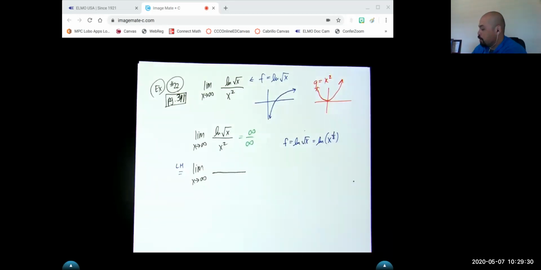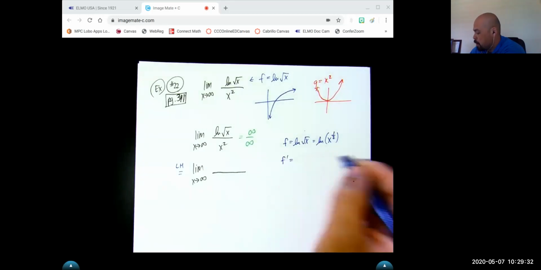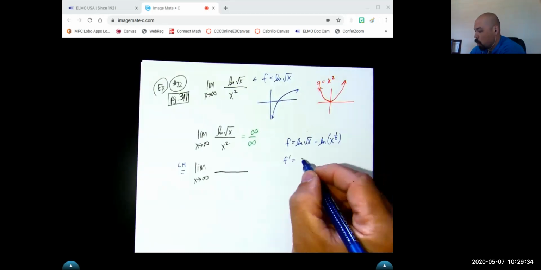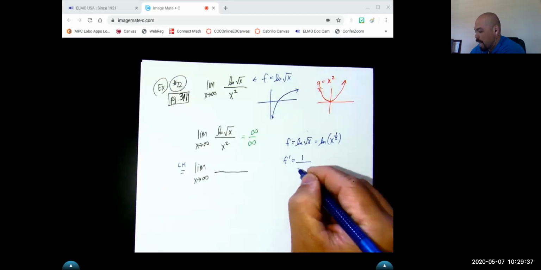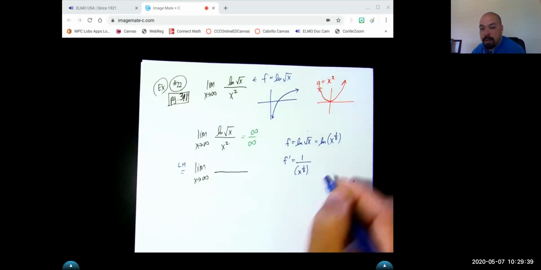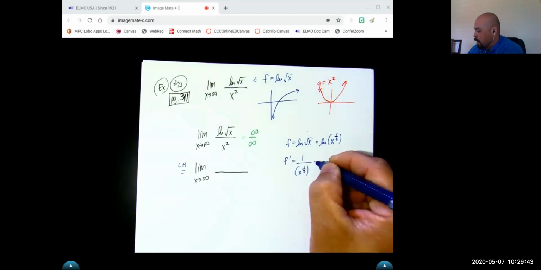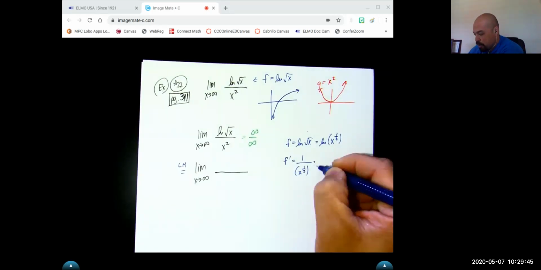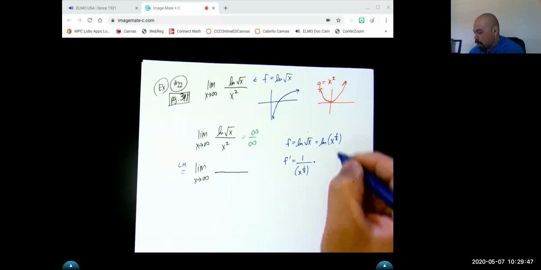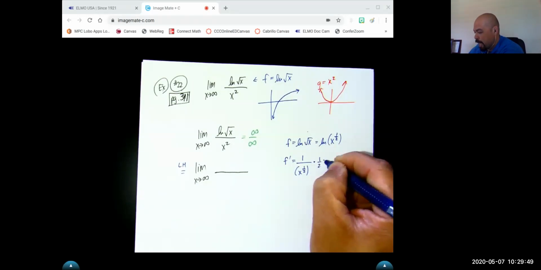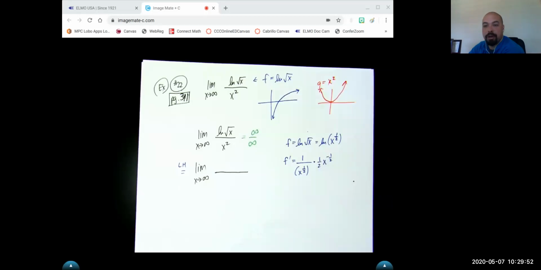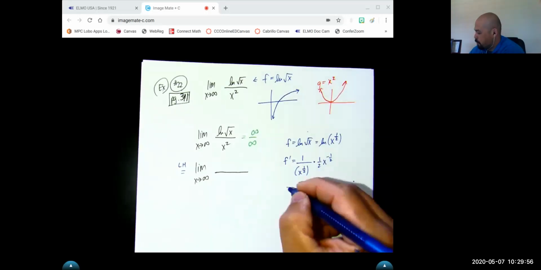When I take that derivative, f prime, the derivative of the natural log is 1 over whatever was inside, that square root of x, so I can put that right back. Then we have to multiply by the derivative of that inner function, 1/2 x to the negative 1/2 power.